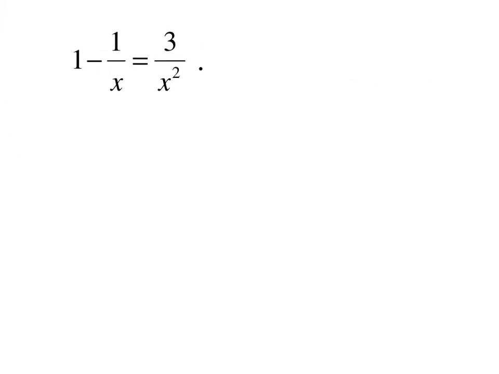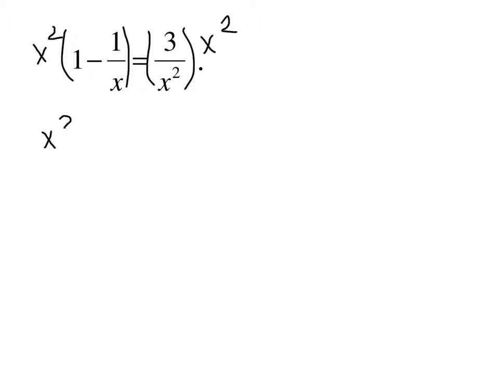Look at this one. We need to clear these fractions. If you were to add these fractions together, you would have a common denominator of x squared. So we're going to multiply everything by x squared.